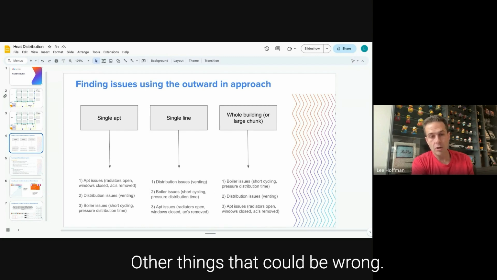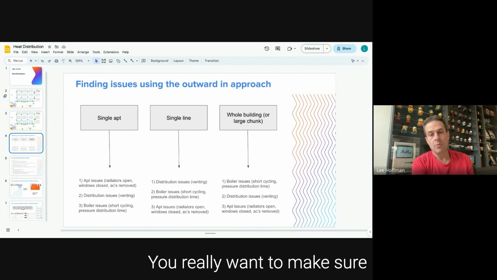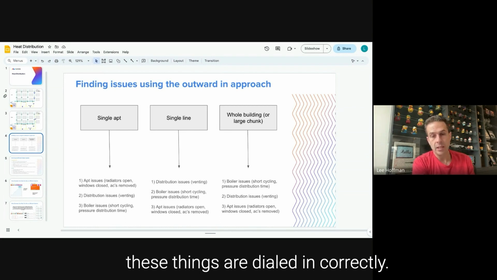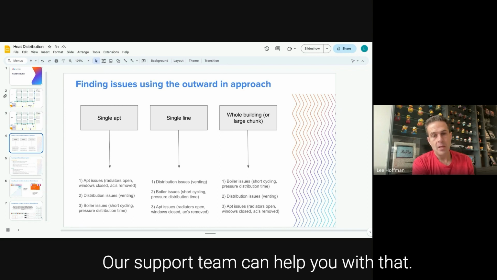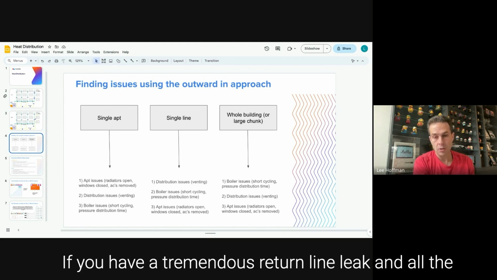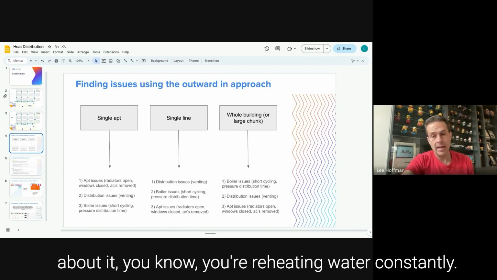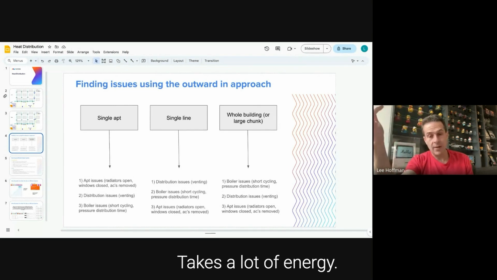Other things that could be wrong: you could be running with not enough pressure, or too much pressure. You really want to make sure these things are dialed in correctly. Our support team can help you with that. Or you have a tremendous return line leak and all the water is spilling out underground and you have no idea about it. You're reheating water constantly, which takes a lot of energy.